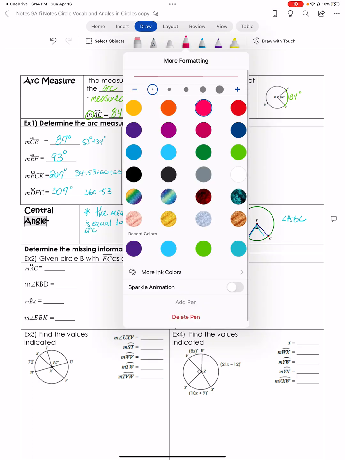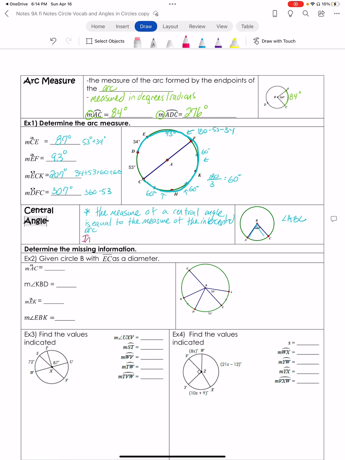One little piece of vocabulary missing is an intercepted arc. It is an arc that has endpoints that intercept a circle, that are on the sides.